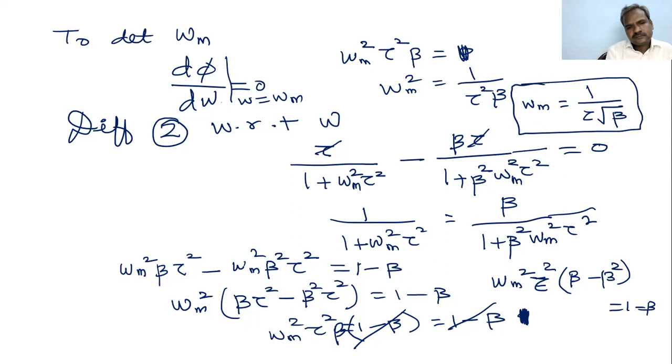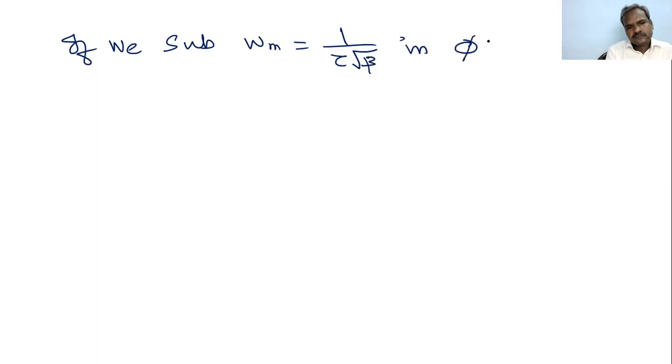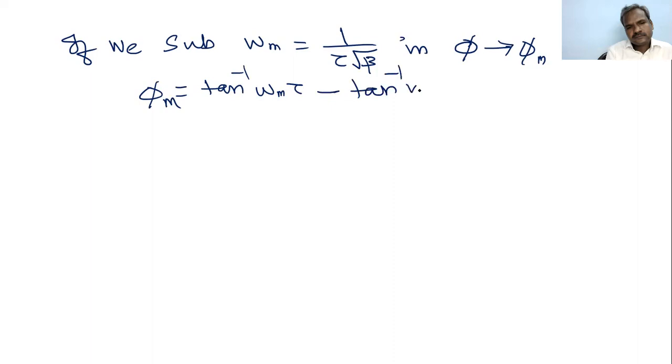So if we substitute omega m equal to 1 by tau root beta in phi, it becomes phi m. So phi equal to tan inverse of omega m tau minus tan inverse of omega m beta tau.